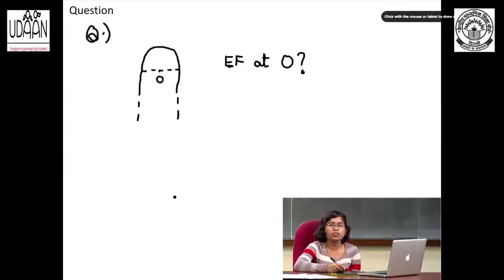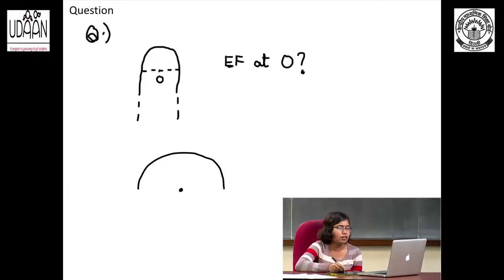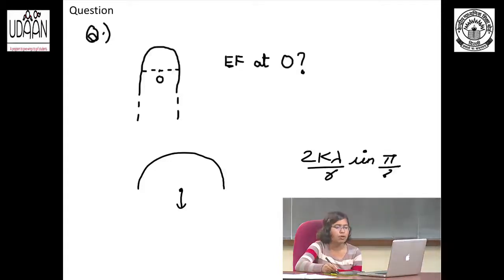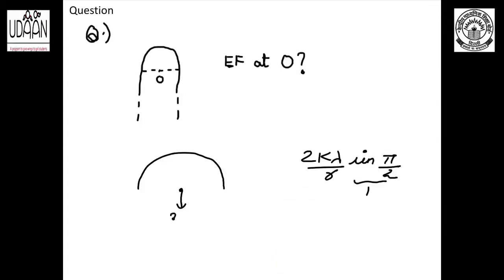Now let us find out the value of electric field at O. Due to this circular arc, the value of electric field would be equal to 2k lambda by r sin theta by 2, where theta is pi, so sin pi by 2 is equal to 1. So we have 2k lambda by r.